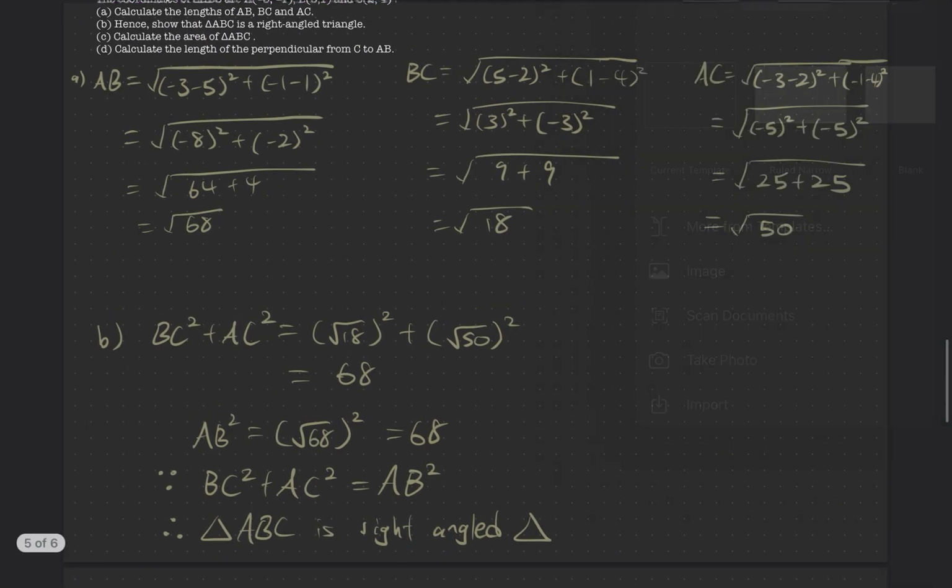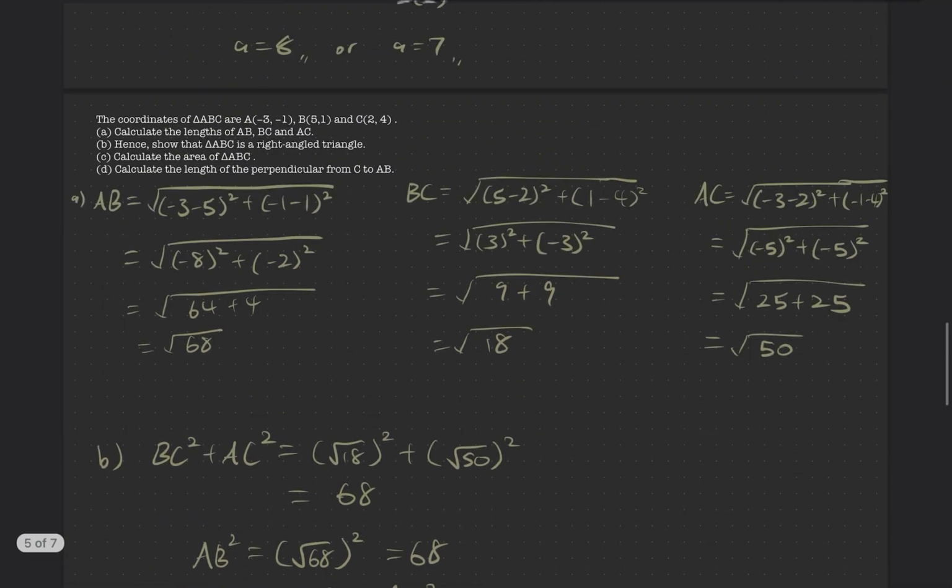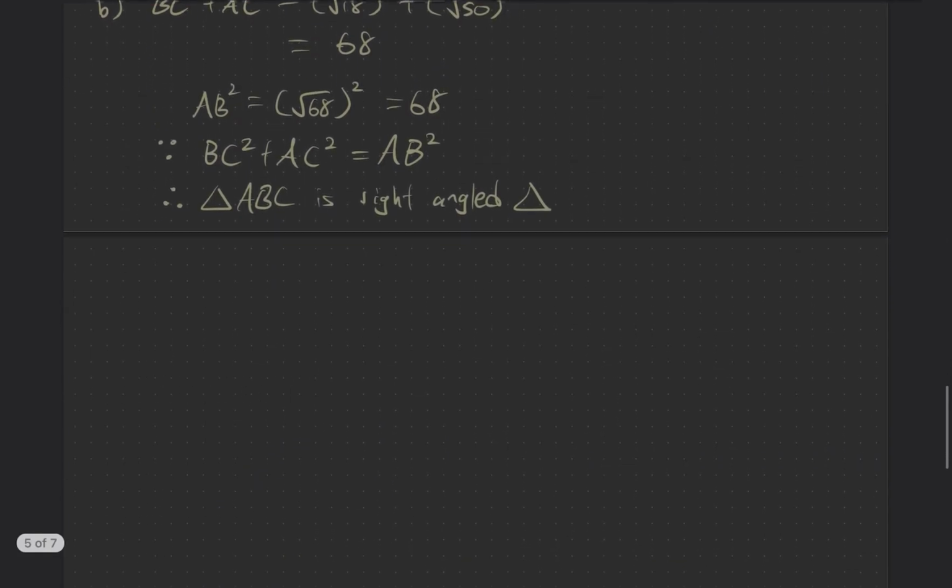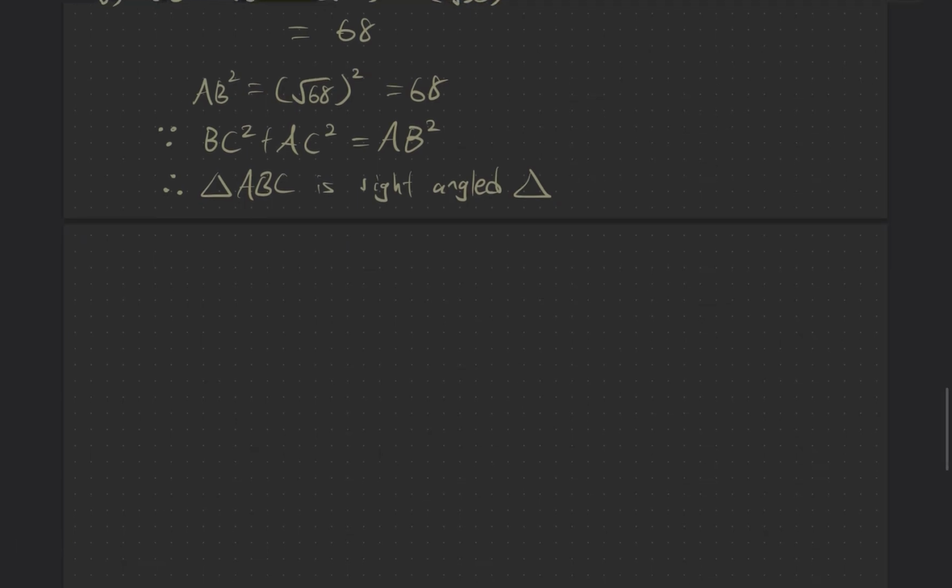Now add another page. Calculate the area of triangle ABC. Now, since we know that triangle ABC is a right angle triangle, we don't have to use half AB sine C. We can just use that formula we used last time. Half times base times height. This only works for right angle triangles.